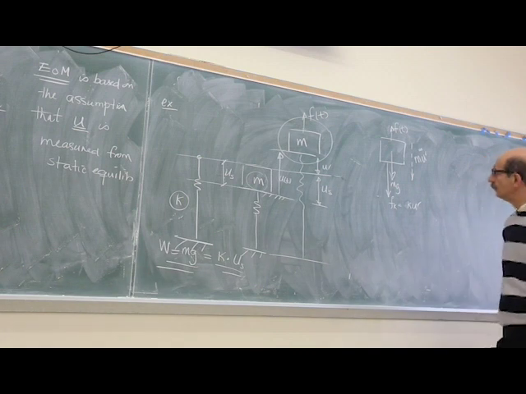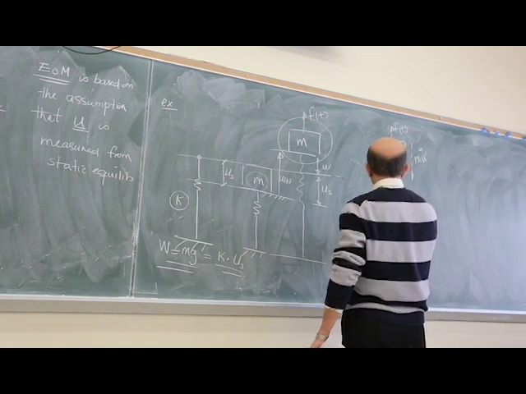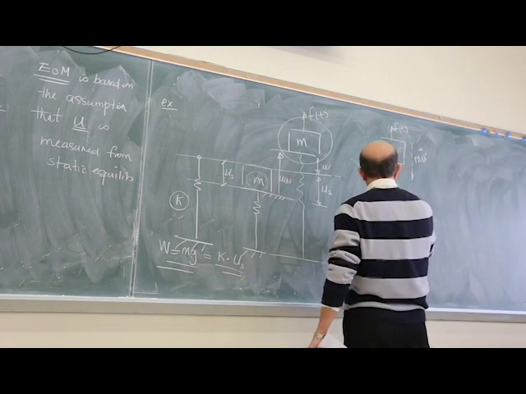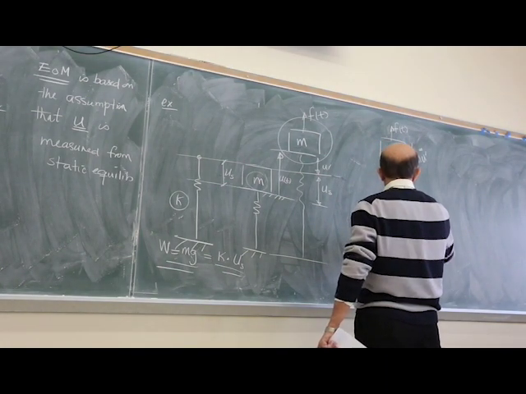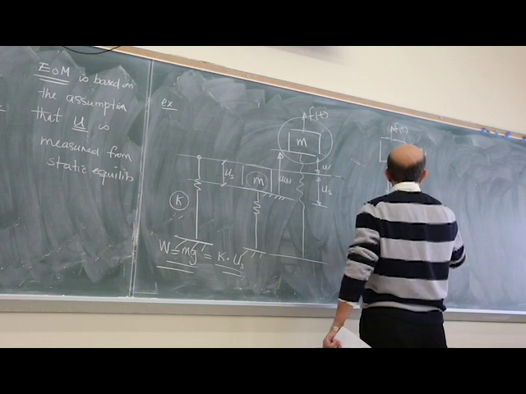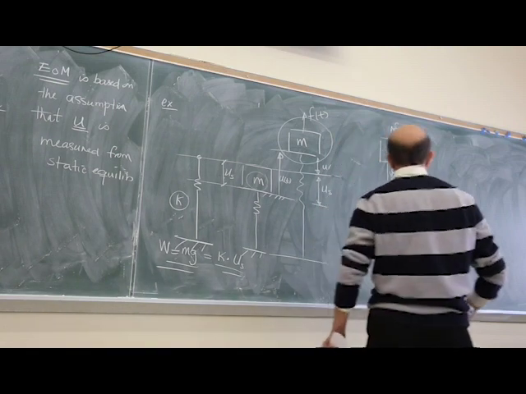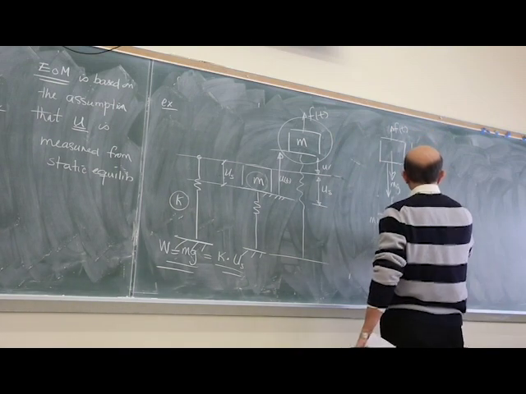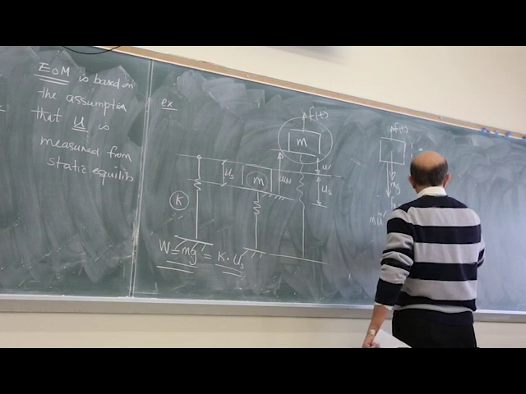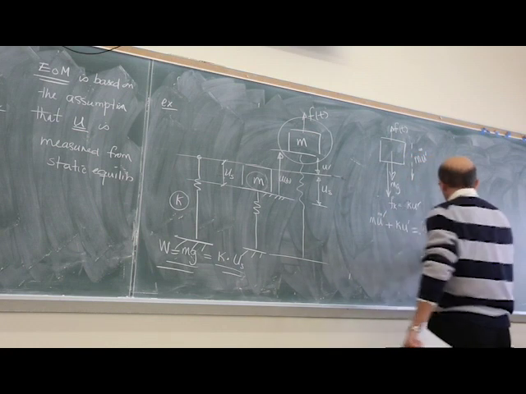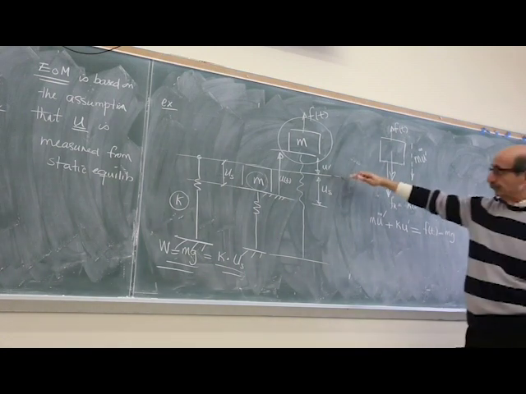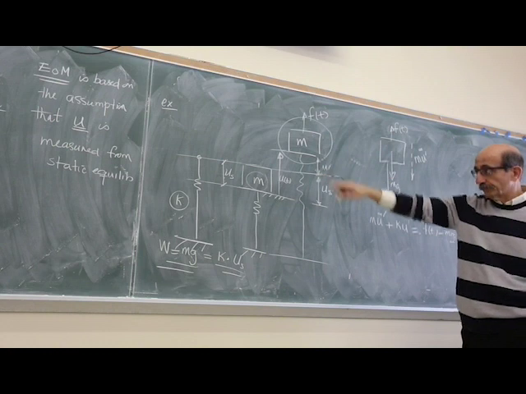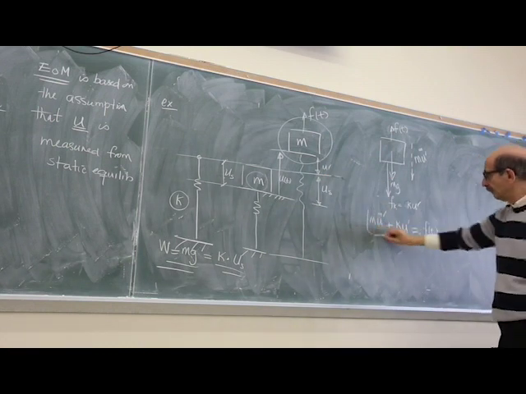Okay, so you can write the equation of motion. You have m u prime double dot plus k u prime is equal to F of t minus mg. That's what the equation of motion would be, right? If you measure that with respect to the original configuration of the spring.